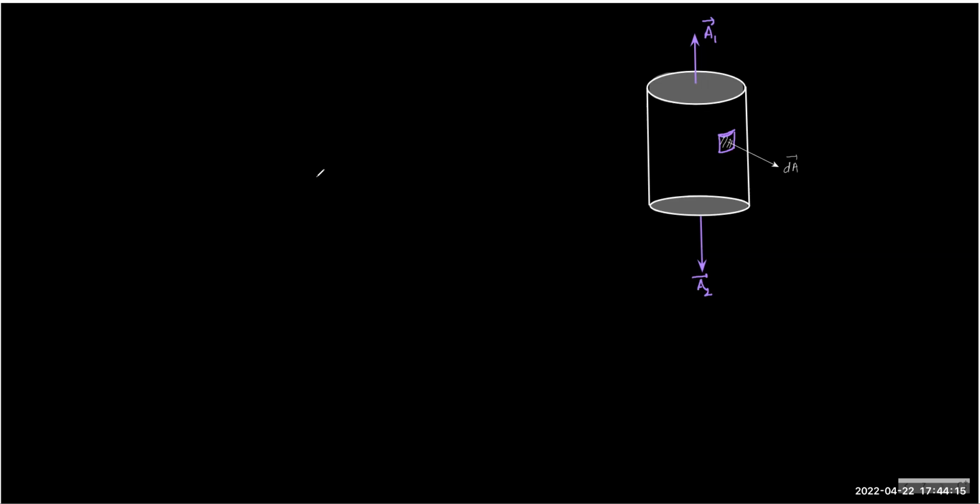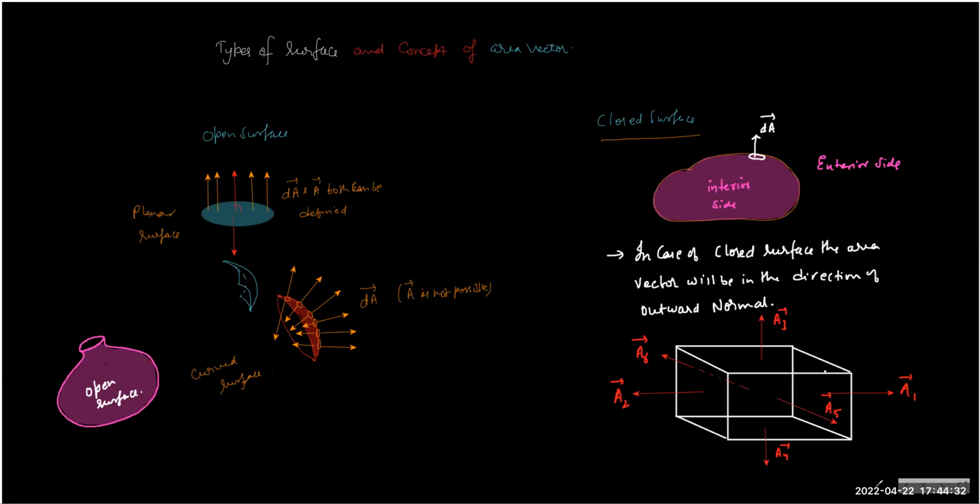If it is a plane surface, then you can uniquely define it. But if it is a curved surface, then you have to go back to the elementary area concept, and from there on, you can solve the question. Okay, sir. So what is the next concept? So this is the concept of area vector and types of surface.